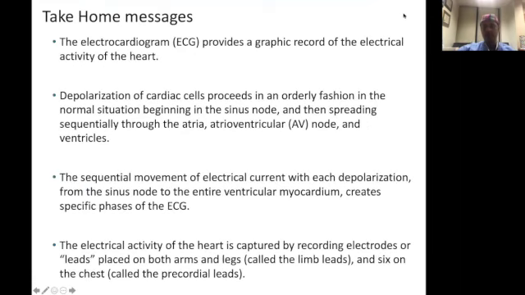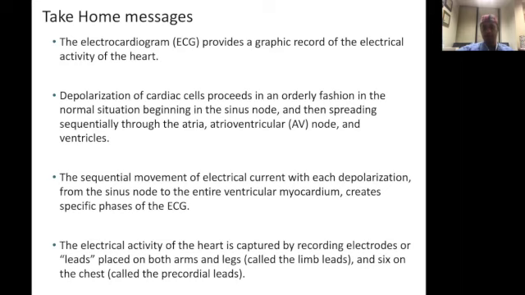So if you're going to remember anything from this lecture, this is the bottom line, the take-home messages for me: that the EKG provides a graphic record of the electrical activity of the heart, that depolarization of the cardiac cells proceeds in an orderly fashion, starting from the atria to the AV node and to the ventricles, and that the sequential movement of electrical current with each depolarization from the sinus node to the entire ventricular myocardium creates specific phases of the EKG, which we will go over.